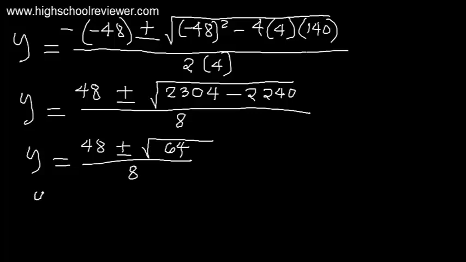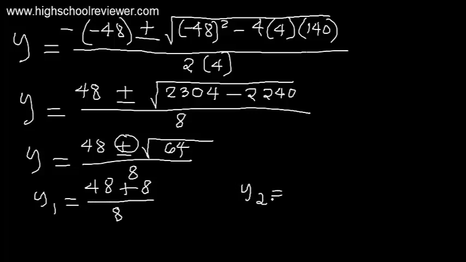So our y sub 1 here will be equal to 48, and then we are going to use the plus sign, so this will be 48 plus the square root of 64, which is 8, divided by 8. Our y sub 2 will be equal to 48, and then we are going to use the minus sign, or the subtraction. 48 minus the square root of 64, that will be 8 all over 8.